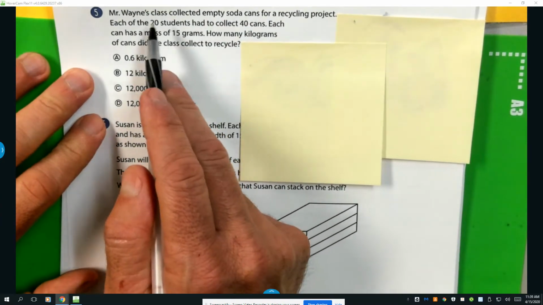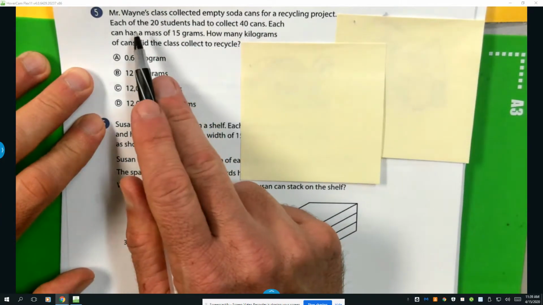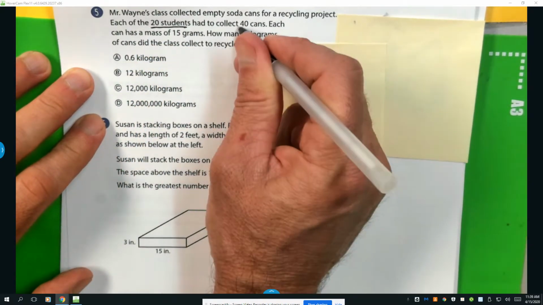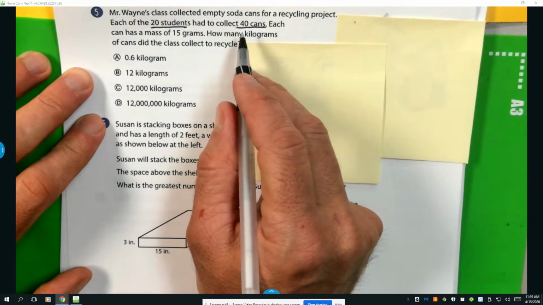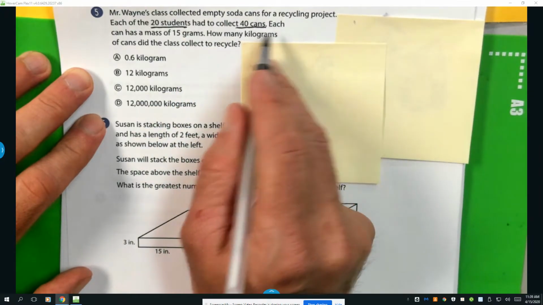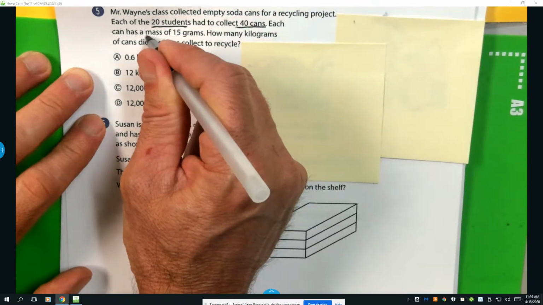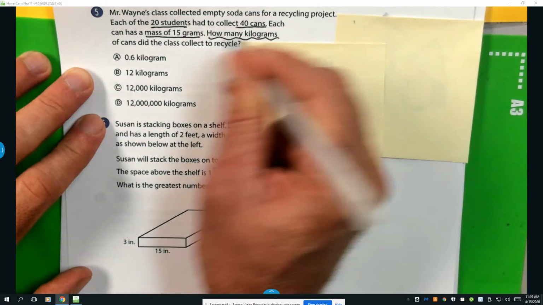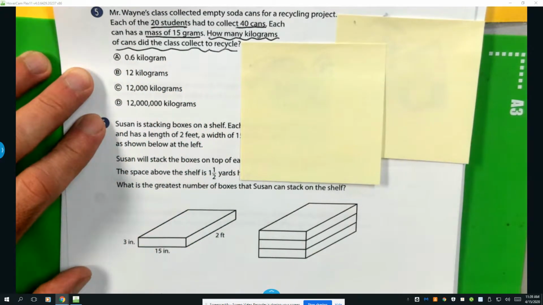Let's go find our information. Mr. Wayne's class collected empty soda cans for a recycling project. Each of the 20 students had to collect 40 cans. So right now you should be seeing something like 20 times 40. Each can has a mass of 15 grams. How many kilograms of cans did the class collect to recycle?